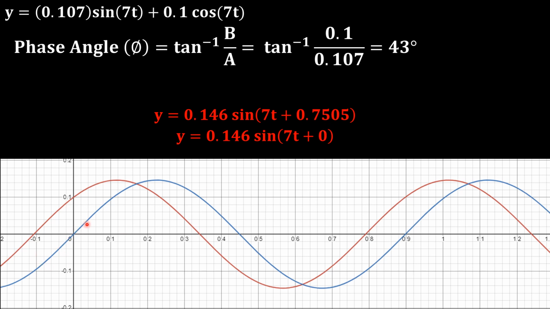So when we talk about the phase angle, this is what we're talking about, this shift. These initial conditions made the shift to the left from here to here. That is the phase angle that we're talking about right here.